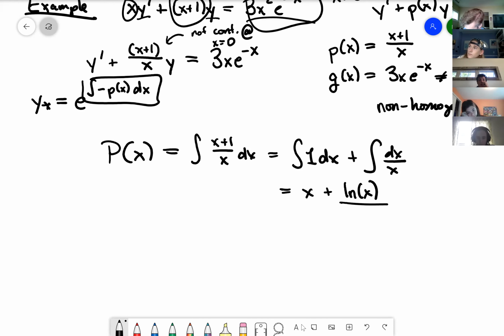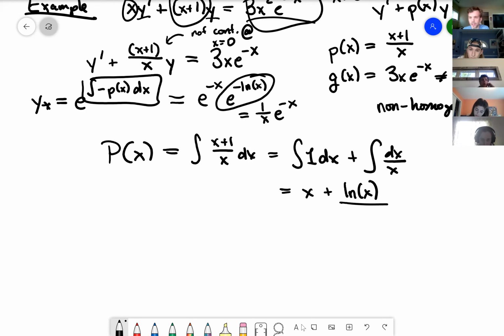So what I get is that this is equal to e to the minus x times e to the minus natural log of x. Just using my exponentiation log rules here, this is equal to 1 over x times e to the minus x.